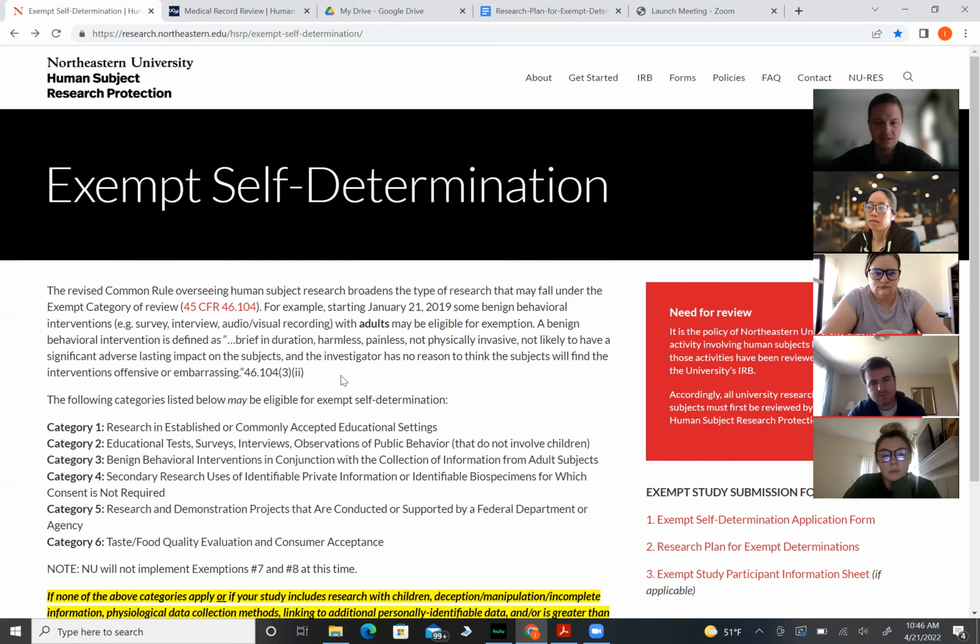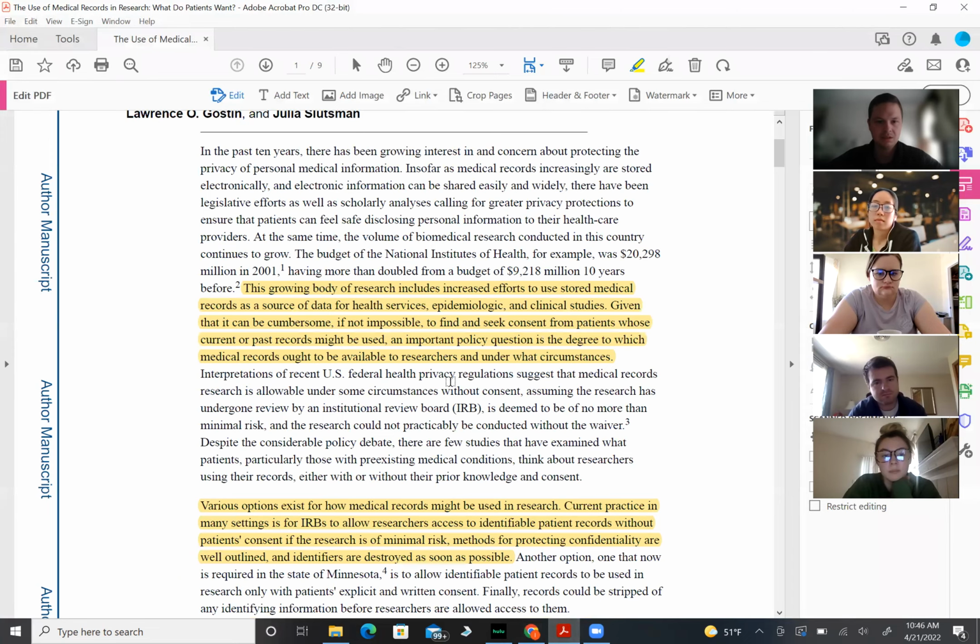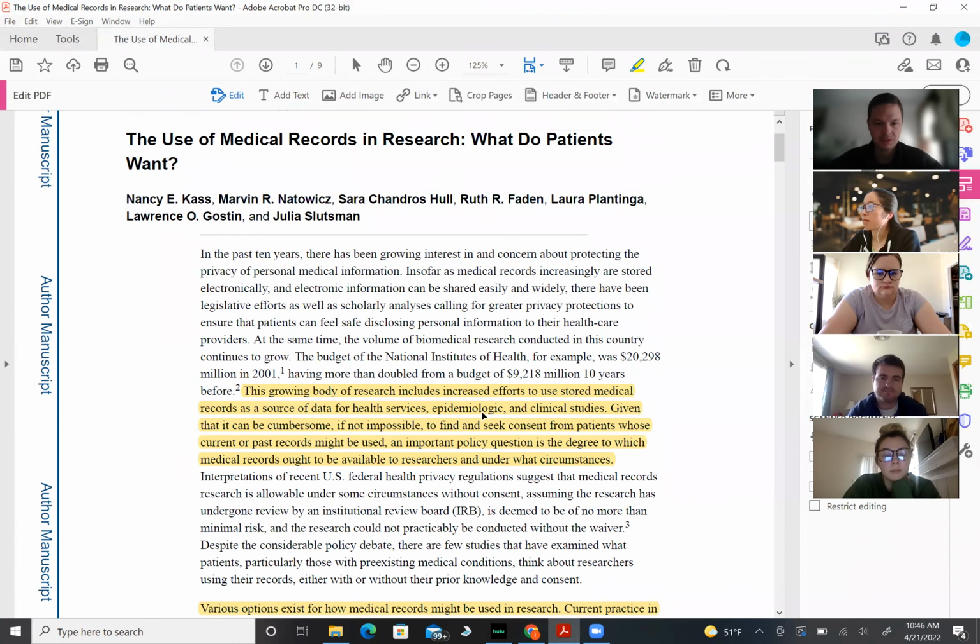Before I go on and talk more about those forms, Dr. Pierce did send us an interesting article that goes into some of the history and policy surrounding using medical records without patient consent for research, and how patients feel about that, because various countries, states, even down to the local level, have different laws and regulations surrounding using medical records that are scrubbed of PHI.